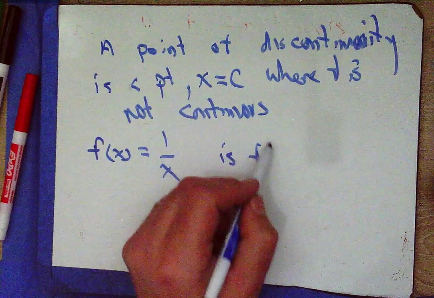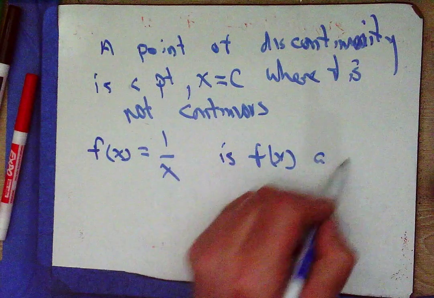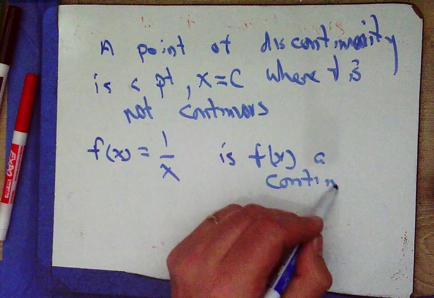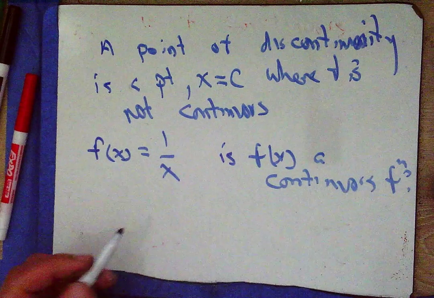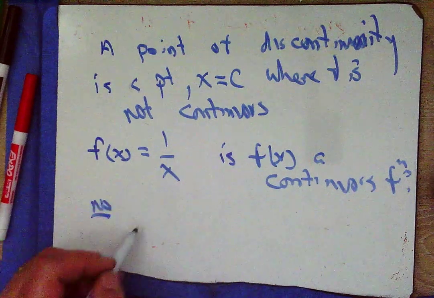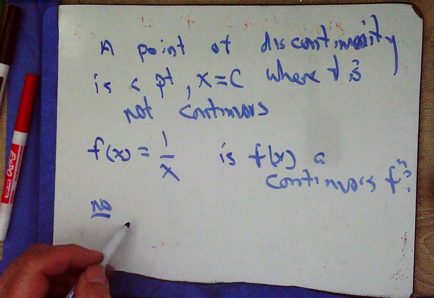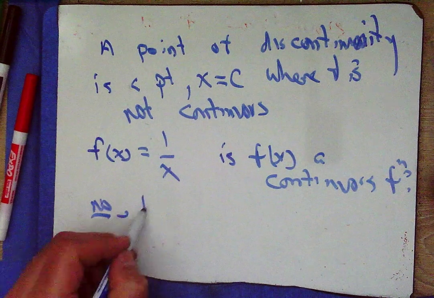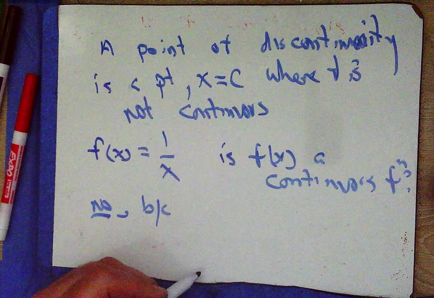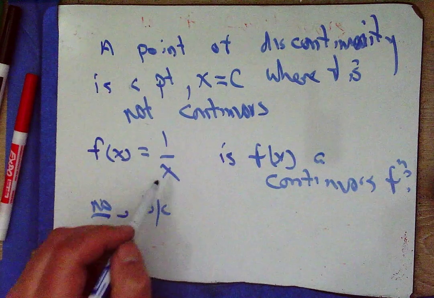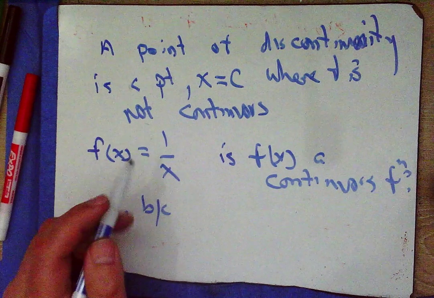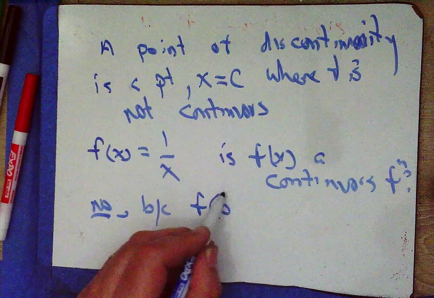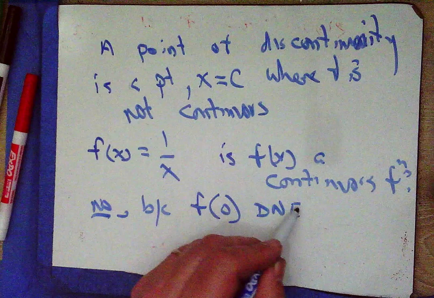Is f of x a continuous function? And we say no. No, f of x is not continuous. Because, and what's our justification for that? Well, isn't there a point of discontinuity at x equals 0? Because f of 0 does not exist.